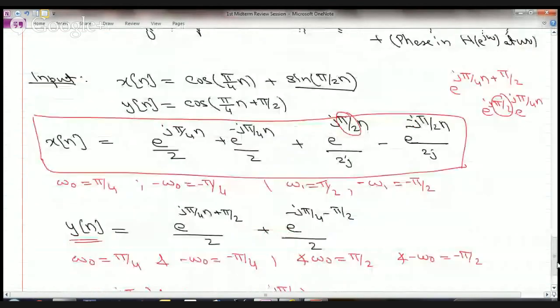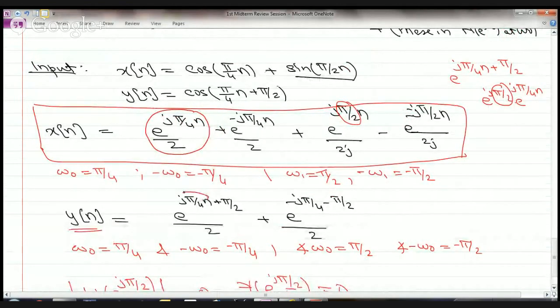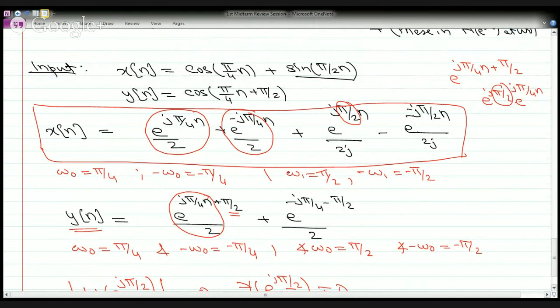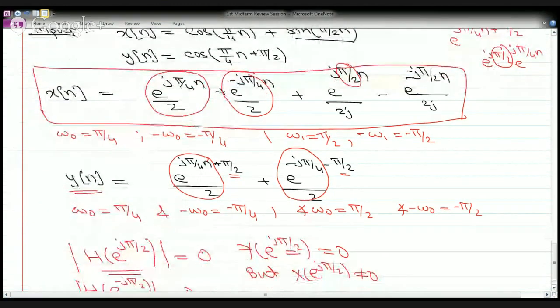Now, the output at this frequency pi by 4 is the same frequency with the same magnitude, but with a phase shift. Similarly, for minus pi by 4, I have the same output magnitude, but with another phase.